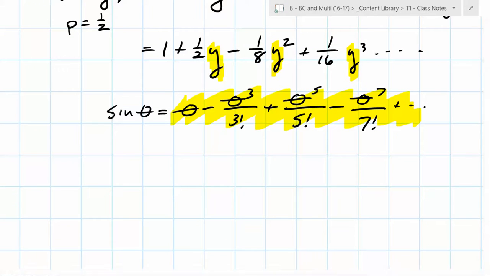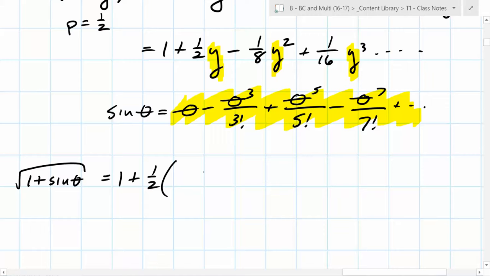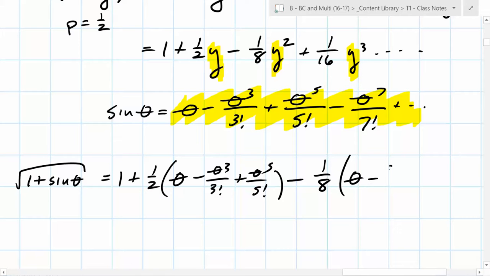So the full thing is this. The square root of 1 plus sine of theta, we don't want sine to be in there, is going to be 1 plus 1/2 times that thing. So what is that thing? It is theta minus theta cubed over 3 factorial plus this over what? Minus what? 1/8 times this, right?